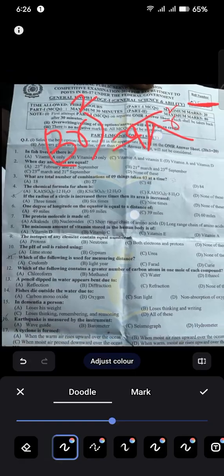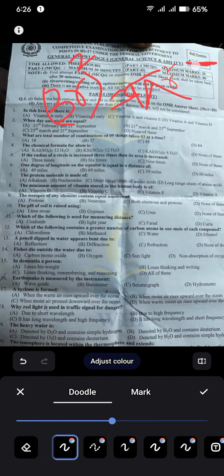It means it is 9 times the original area, so it is option C.